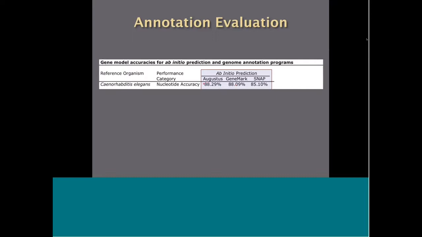That means that any given model, I will, at the nucleotide level, have a basically 80 to 90% identity to the true gene model that exists in the reference. And this is using purely computationally based methods.